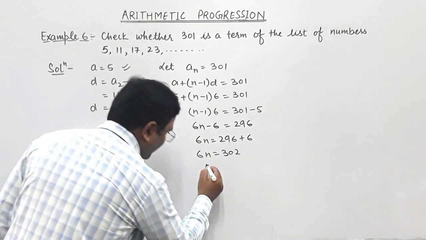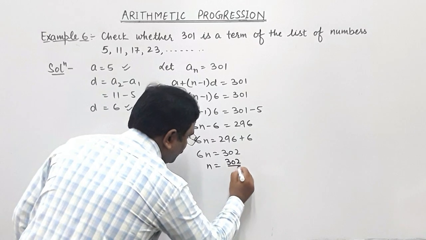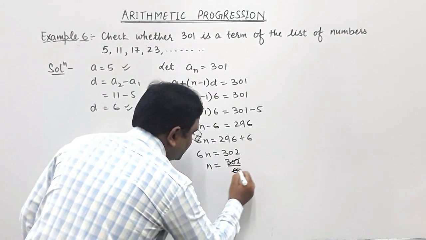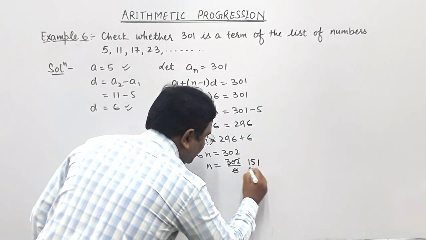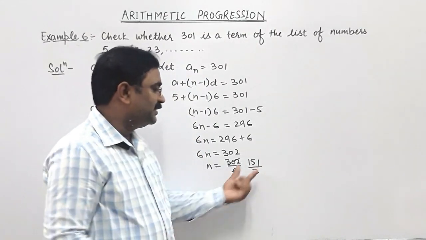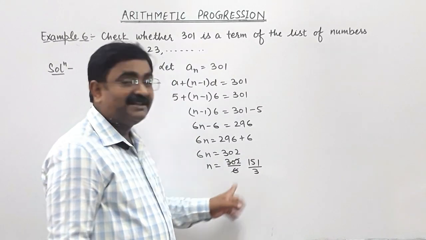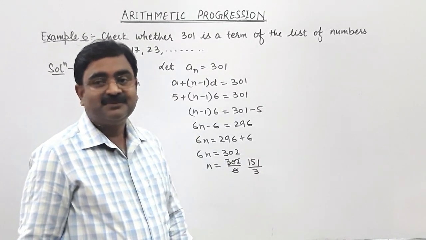When you simplify, you will get n equals 302 upon 6, which can be written as 151 upon 3. When you simplify 151 upon 3, you will get the value of n in decimal, which is not possible.